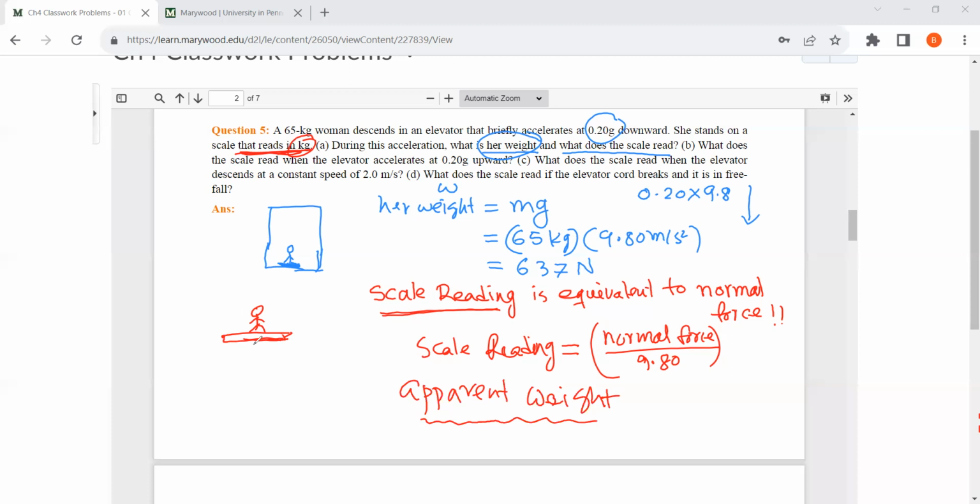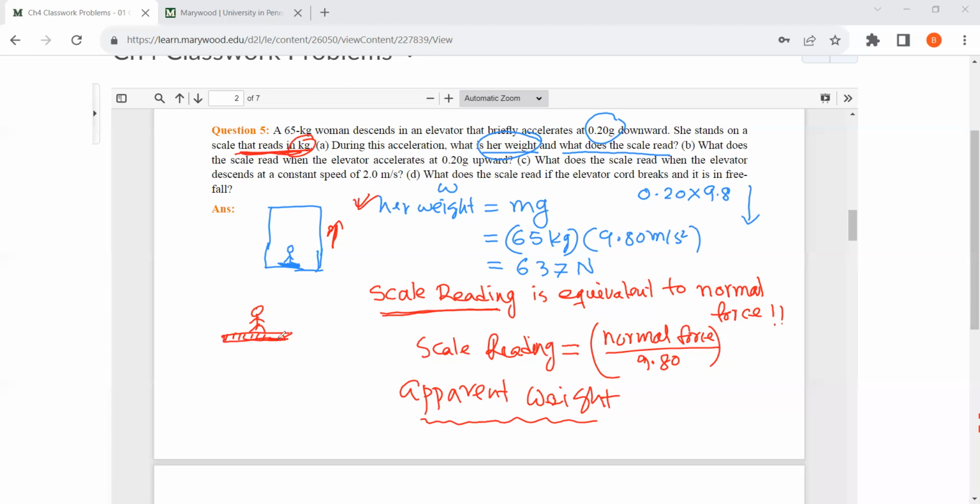True weight means her weight. And when the elevator is accelerating upward or downward, you will see that the reading changes, the normal force changes.